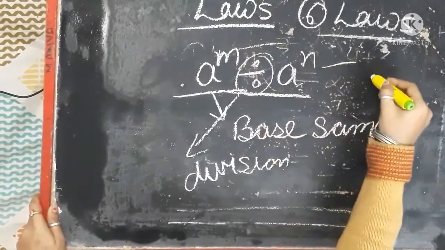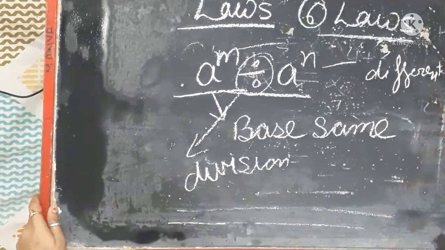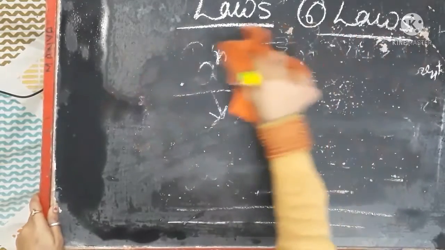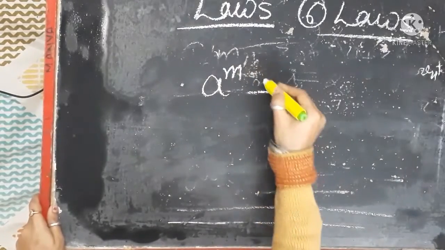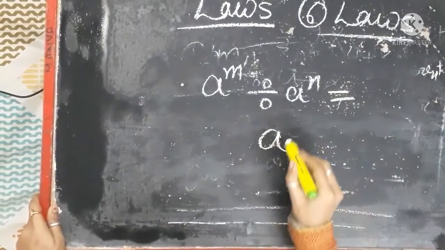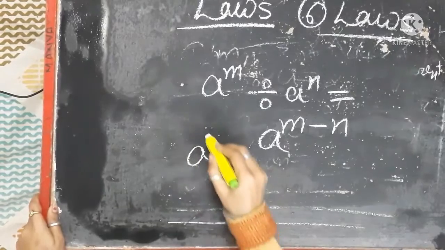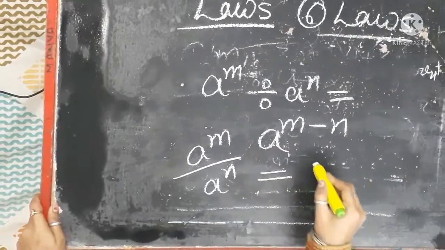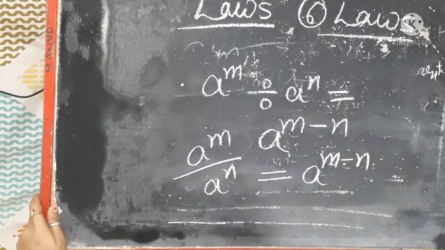In that case, a raised to the power m divided by a raised to the power n is equal to a raised to the power m minus n. We can write this as a^m upon a^n, so again it is a raised to the power m minus n.